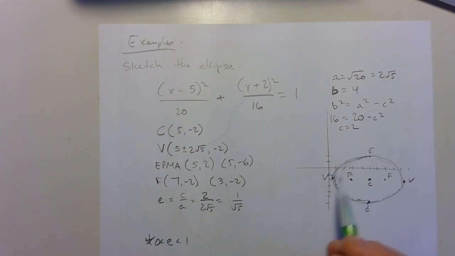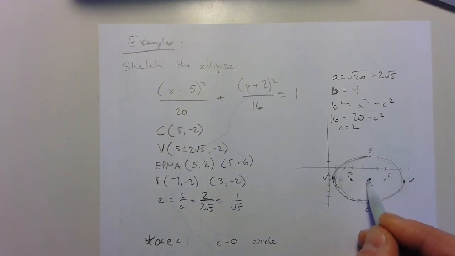Okay, if E was 0, that means that C was 0. So E equals 0 means it's a circle. Because if the foci got all the way in, the foci would be at the center, the same point. Then we just have a circle there.